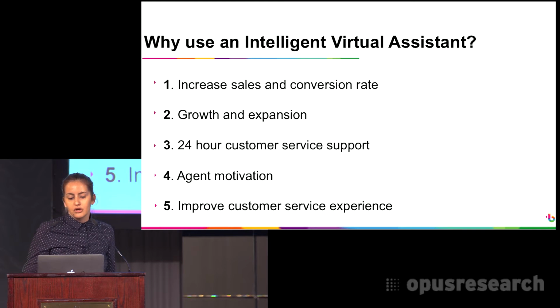As I said earlier, as we grow, we need to work on our efficiency, managing our resources, especially the huge amount of contacts that we were receiving every day. Third, to provide 24 hours availability to our contact center. We used to receive a lot of contacts through the nights, and now this number has decreased significantly.